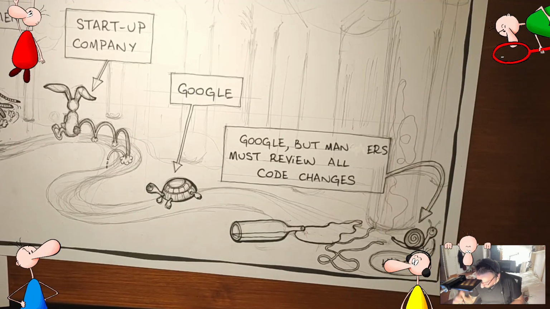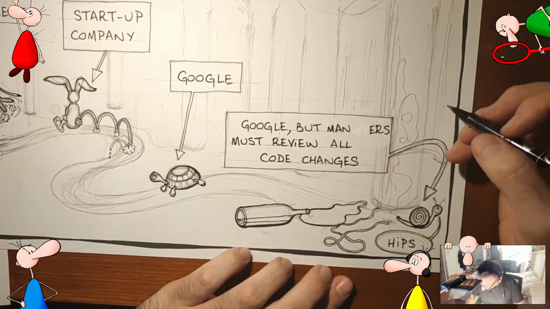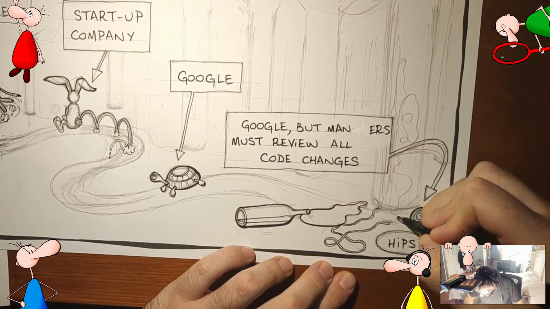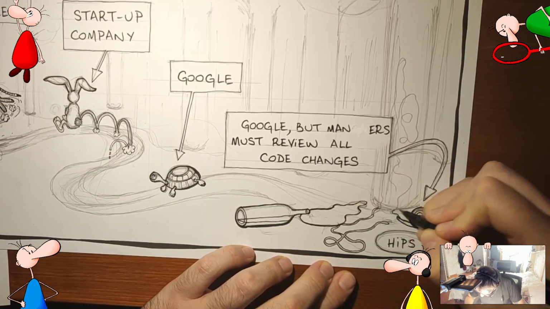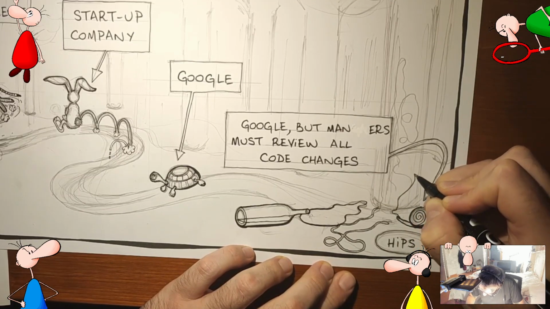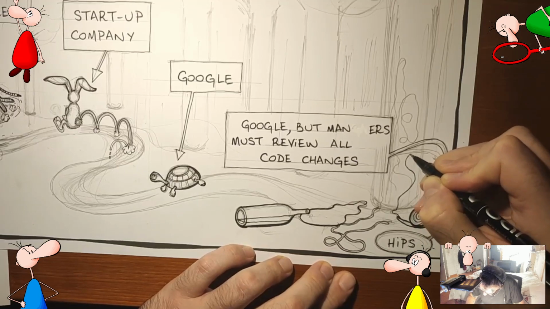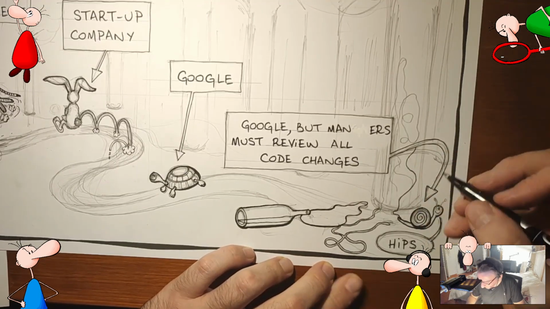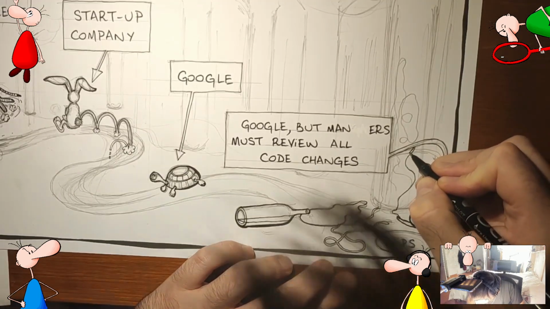Okay, let's see. I want to make it look like it's really zigzagging and messy. Also don't want it to interfere with the label anymore.